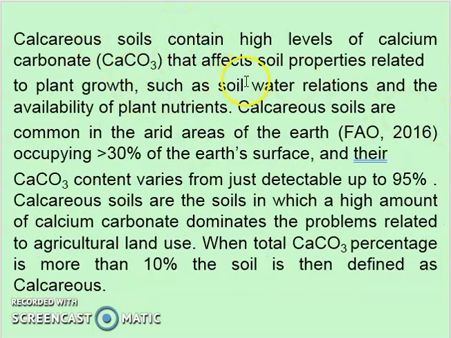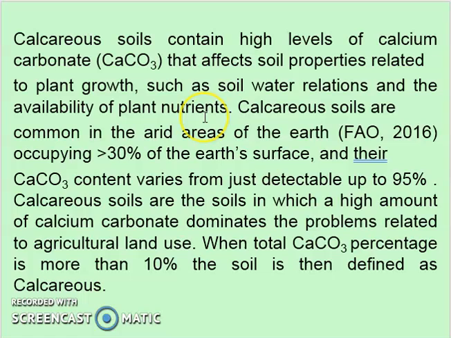Calcareous soil contains a high level of calcium carbonate that affects soil properties related to plant growth, such as water retention. It has a low water retention, but higher than sandy soil. And the availability of plant nutrients is low.